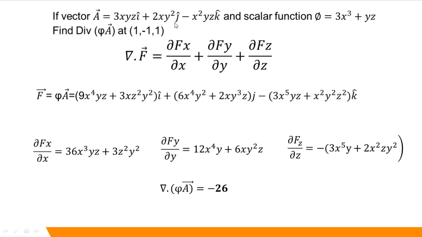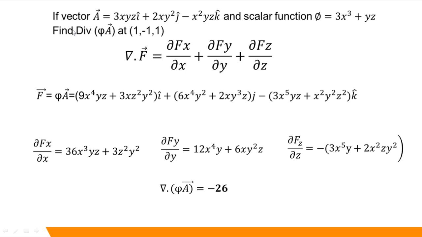Okay. Now this is another, slightly different one. We have discussed this type of question, but this is slightly different. There is a vector A = 3xyz i plus 2xy² j minus x²yz k, and a scalar function is given, phi equals 3x³ plus yz.